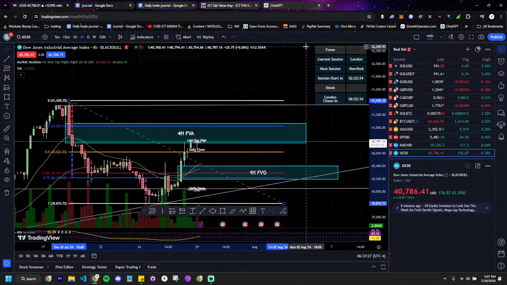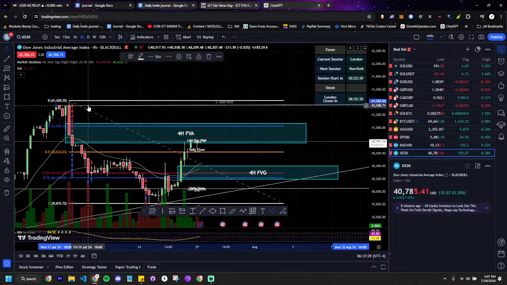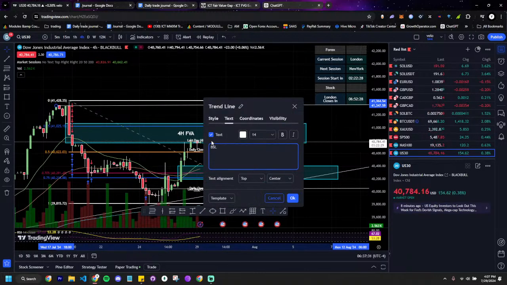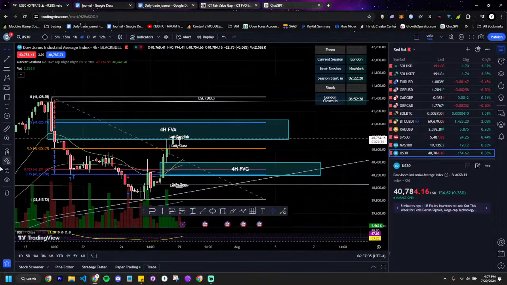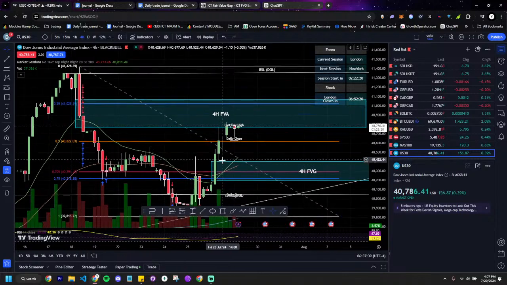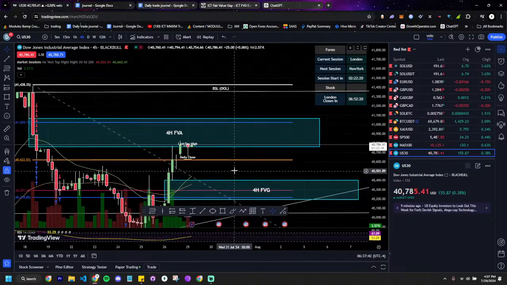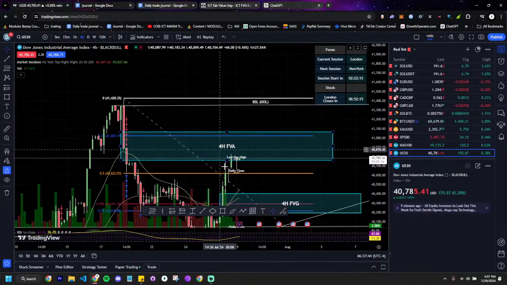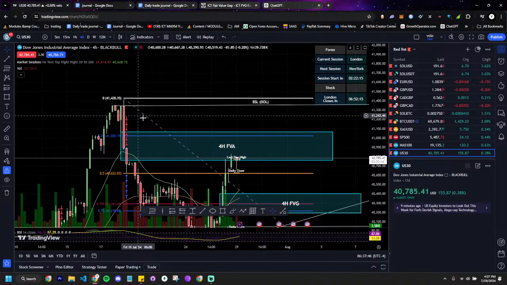We just called it BSL. Right here we have the draw on liquidity towards buy side, so buy side liquidity basically. We're going to use this fair value gap as support, and then use it to reach all the way towards this swing high right here.